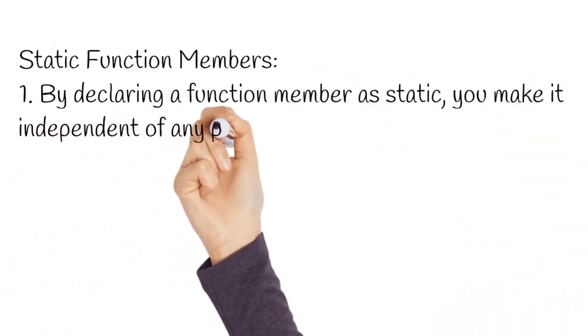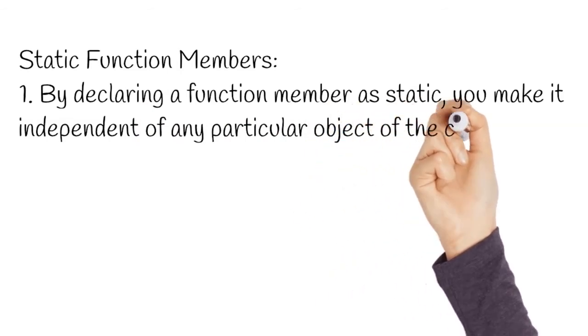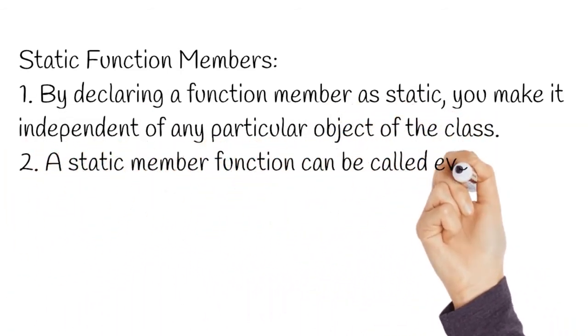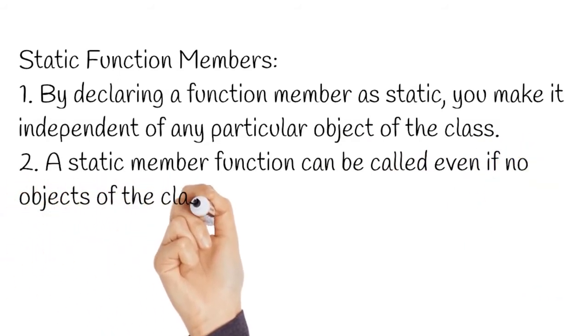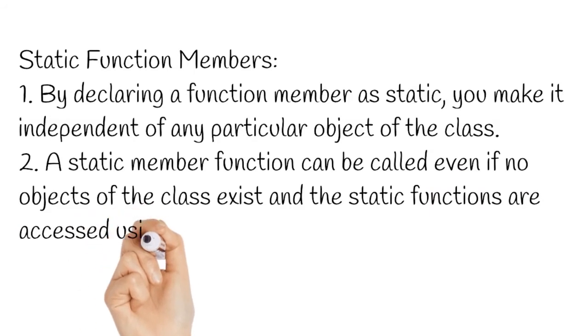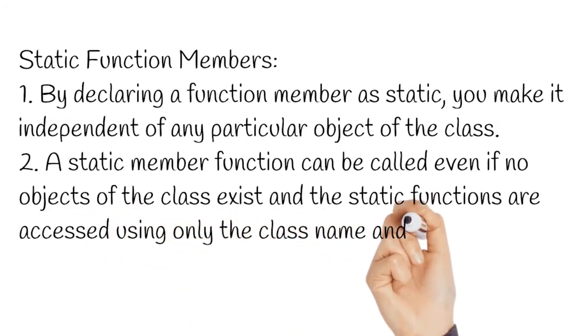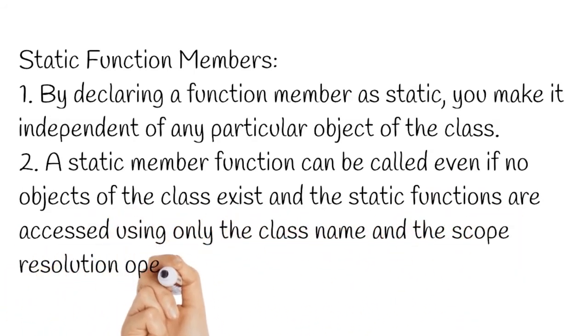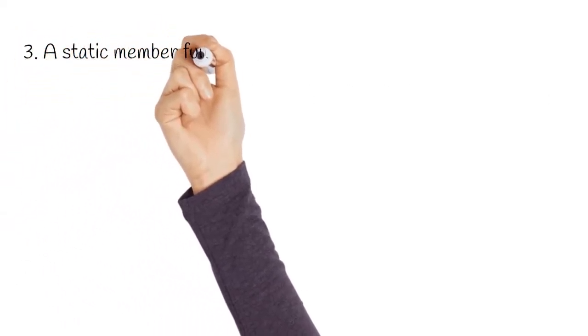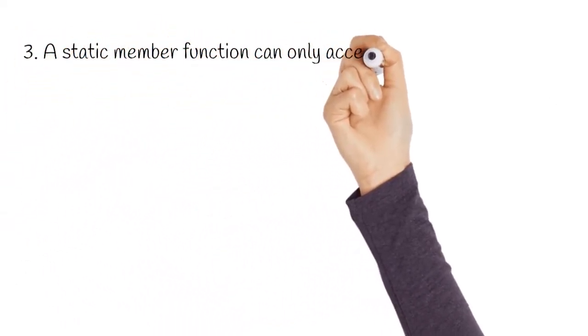Now let's see the static function members. By declaring a function member as static, you can make it independent of any particular object of the class. A static member function can be called even if no objects of the class exist, and the static functions are accessed using only the scope of the class.